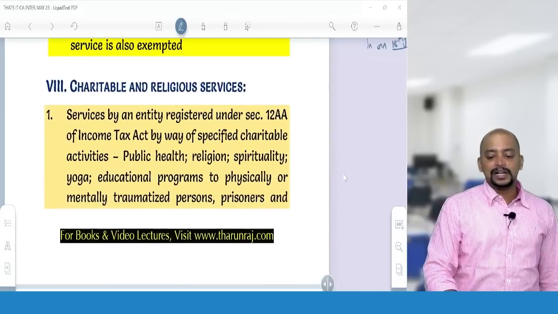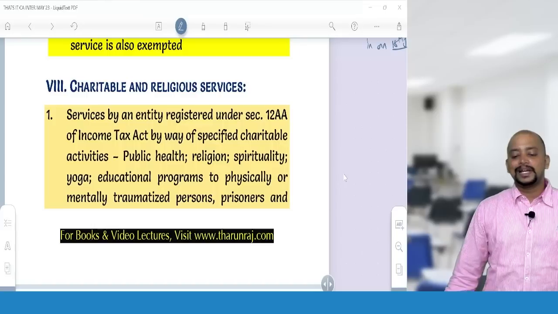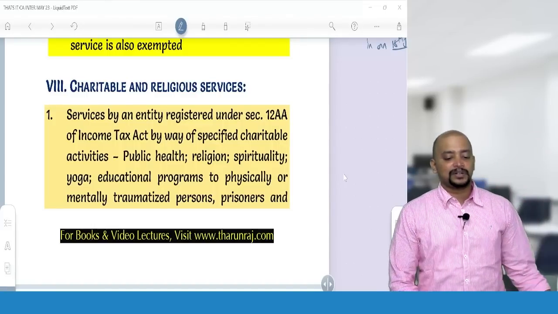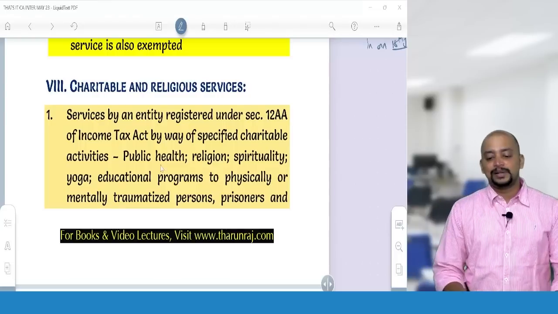Then charitable and religious service. There is a trust registered under section 12AA or 12AB of the Income Tax Act. Now they are providing some charitable activities. What are those charitable activities?